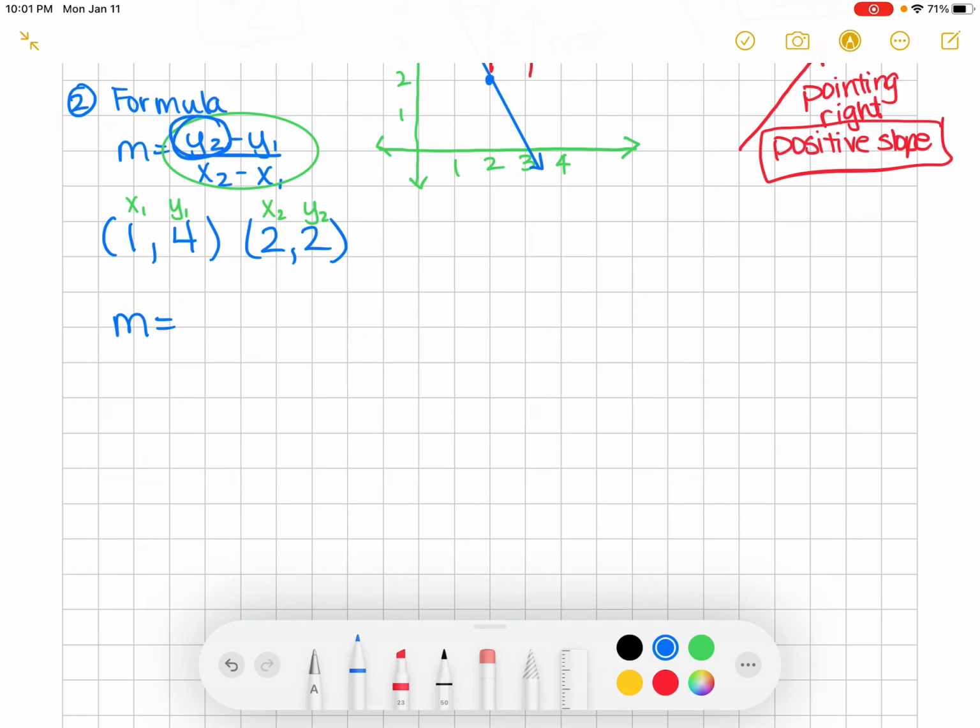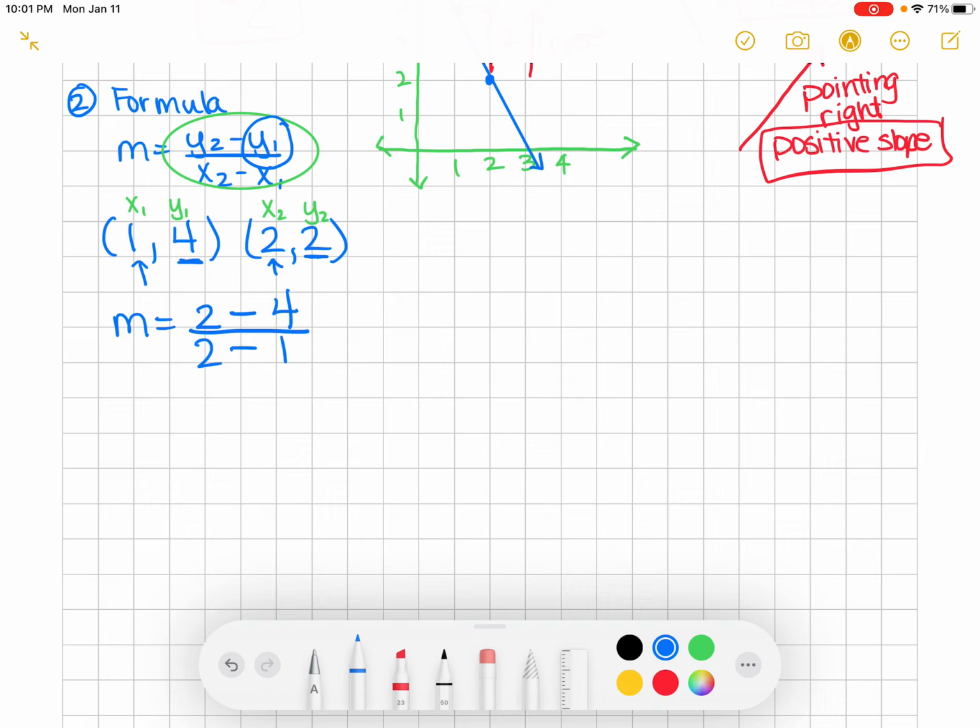Here's y2, right? That's the first one I need to know. So I go over here and I find y2. This is y2, which is 2. And then I need to find y1. I'm minusing y1, which is 4. And then that's all over x2, right here, 2, minus x1, which is 1.